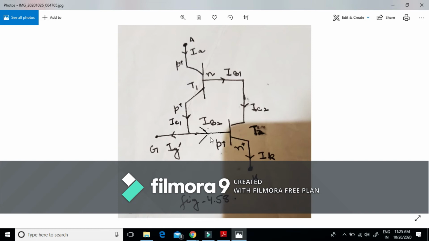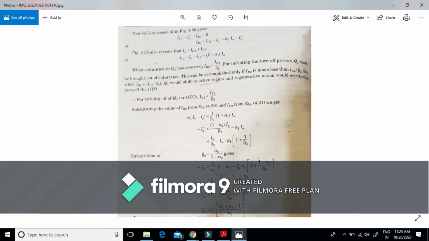This removes the base drive of transistor T2, which removes the base drive of transistor T1, and hence the GTO is turned off. Also, from this equation, we find that a low value of negative gate current requires a low value of alpha 1 and a high value of alpha 2.